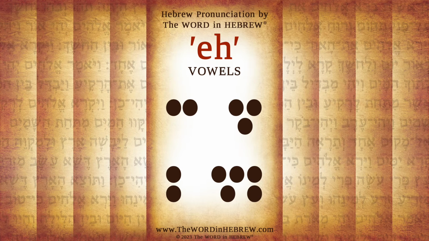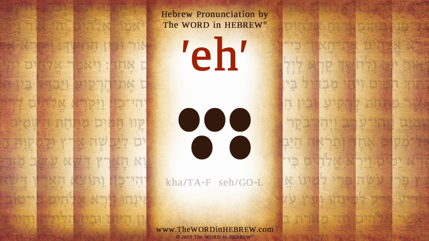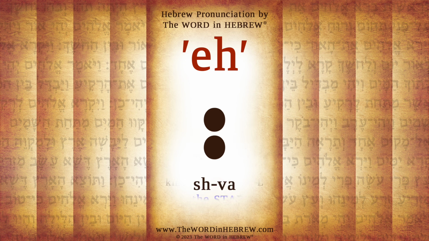There are 4 vowels that add the sound E: Segol, Tsere, Chataf Segol, and the SHVA vowel, which in some situations can add the sound E, but in others it will be silent.